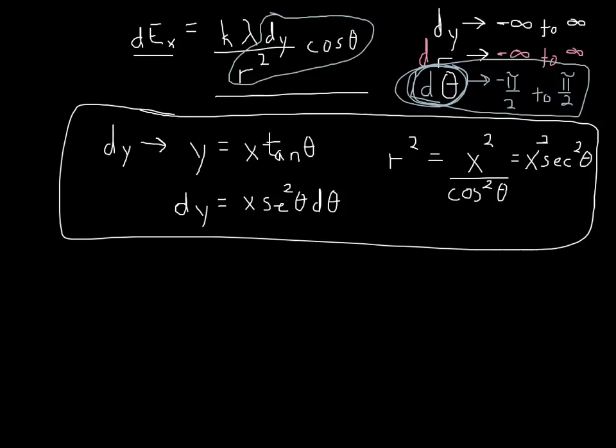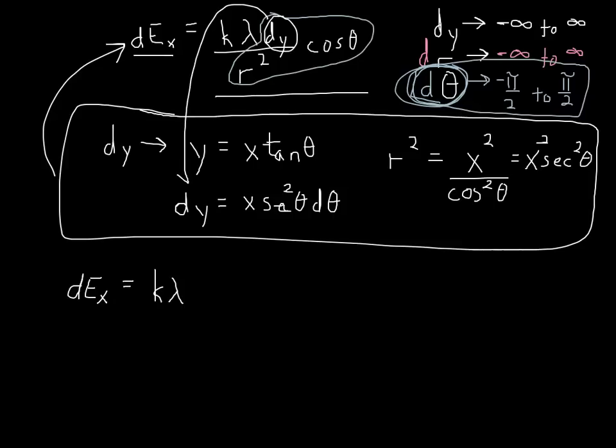Okay, so now I've done my change of variables, and I can plug all of these things back into my dEx. So now my dEx changes form. My k and my lambda stay the same. For my dy, I'm going to do the change of variables: the dy becomes x times the secant squared of theta times d theta.